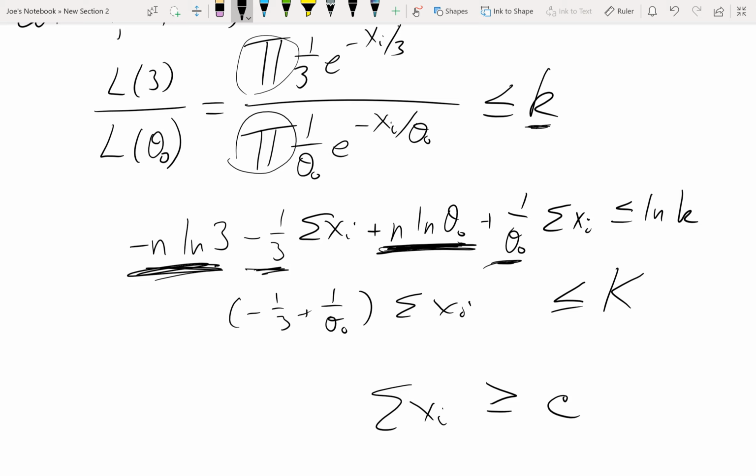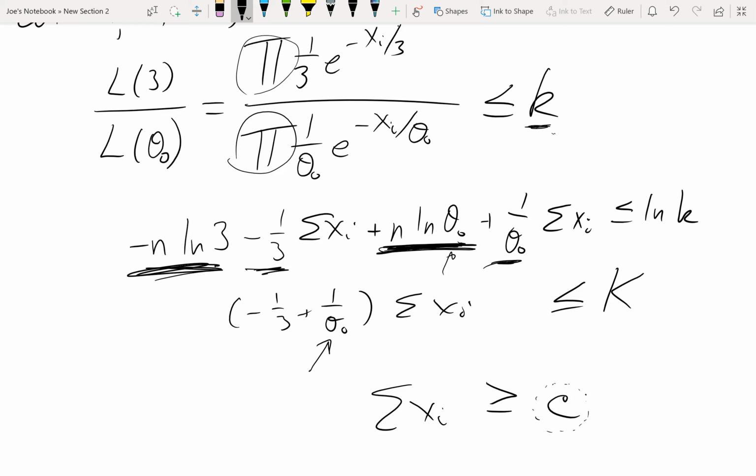Because this c here will stay the same no matter what. But the k will change based on whatever the theta naught is, because I've moved it all over to the other side, right? So depending on the theta naught, the k will change.